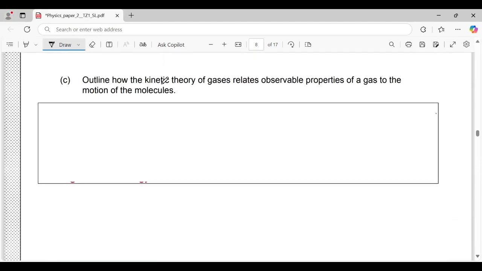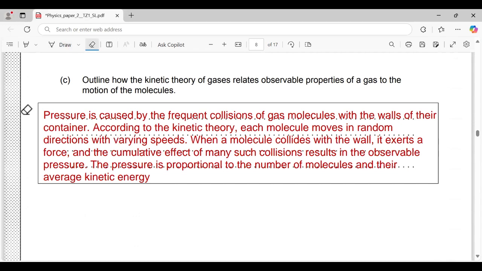Outline how kinetic theory of gases relates observable properties of gas to the motions of the molecules. I have provided my explanation about this part as well. The pressure is caused by the frequent collisions of gas molecules with the walls of their container.